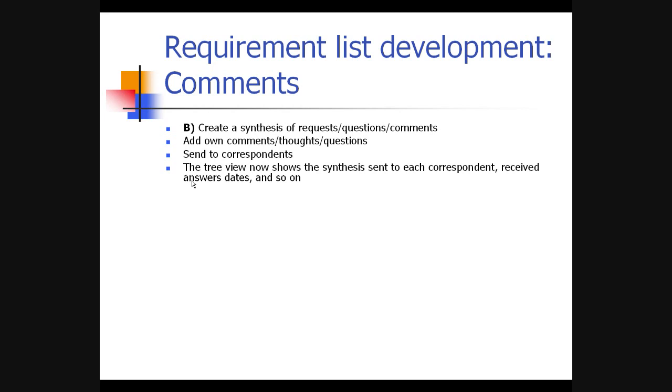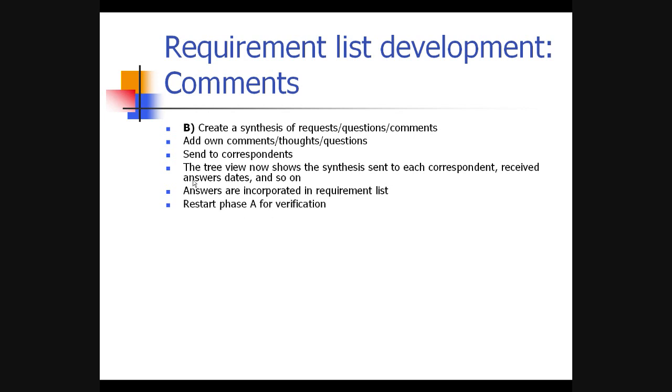You're managing that part exactly the same way that you are managing the part with the users. Of course, also each answer that is received is incorporated in the requirement list. It can be a new module, it can be a sub-module, it can be some more text for a module to explain this or that, but you have to incorporate that in the requirement list.